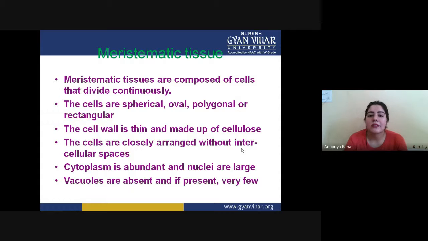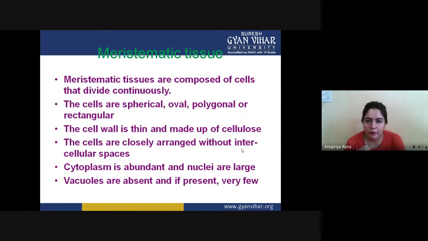Process 2 is the cytokinesis process. In process 1, the karyokinesis process, the plant cell has to go through the division of the nucleus. In the second process, the cytokinesis, the cell has to go through the division of the cell wall, or you can say the cytoplasm.